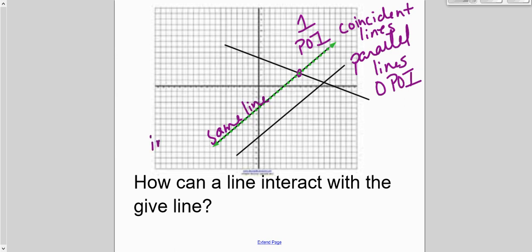And then there are an infinite number of solutions because they're the same line. So they would have the same point of intersection here and here and here and all along that line. So these are the 3 different ways that we can see lines interact with each other.